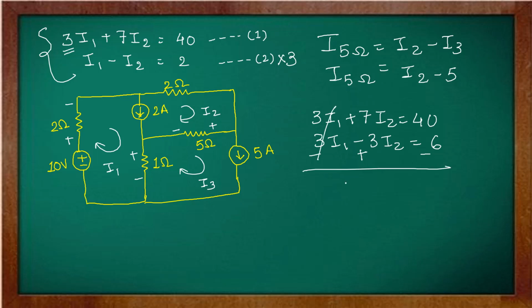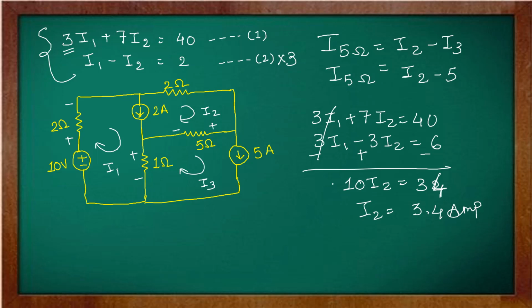So this cancels. 10I2 is equal to 40 minus 6. Sorry, it's 34. Here we have to do 40 minus 6. Now the value of I2 is equal to 3.4 ampere.